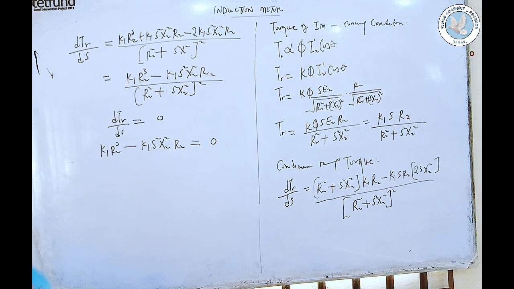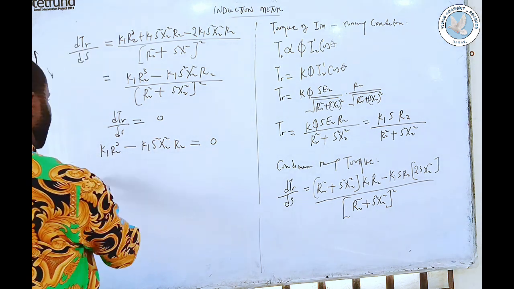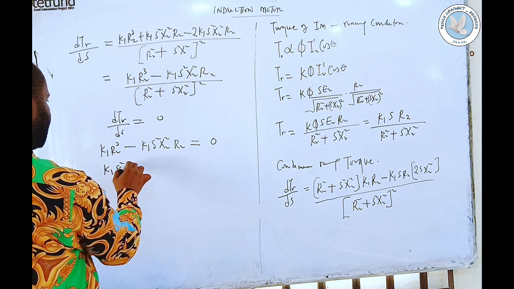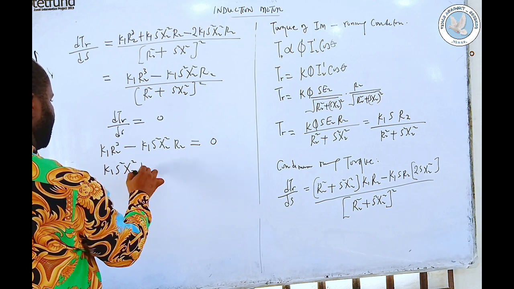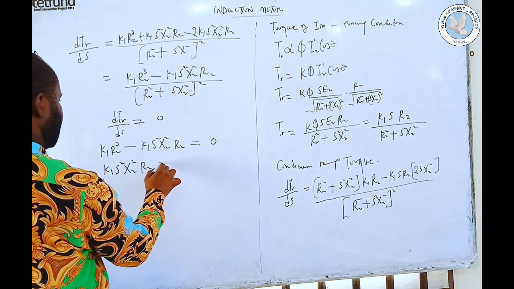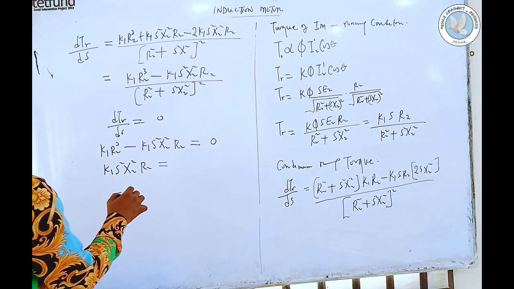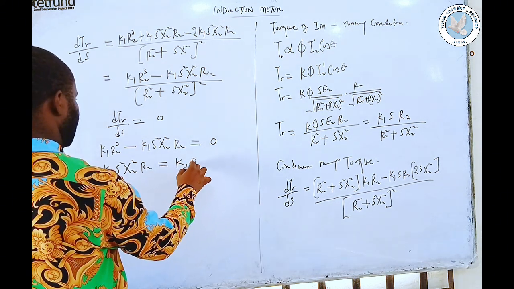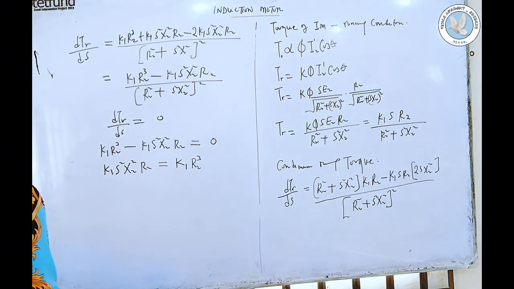So taking this to the other side, we can have K1 this into this, that.